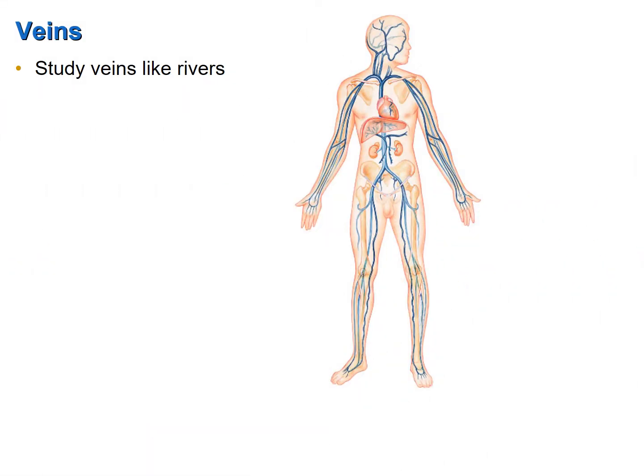If we study the veins like rivers, we start at the extremities, such as the foot or the leg, and we learn the veins as they merge, and as they merge, they change names.